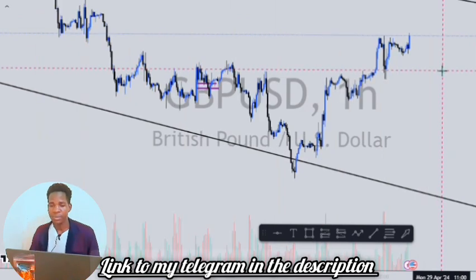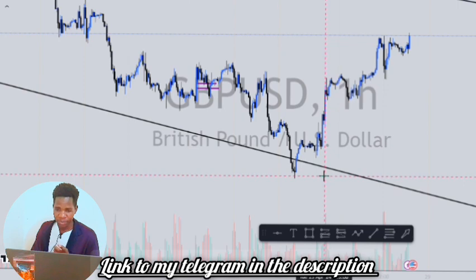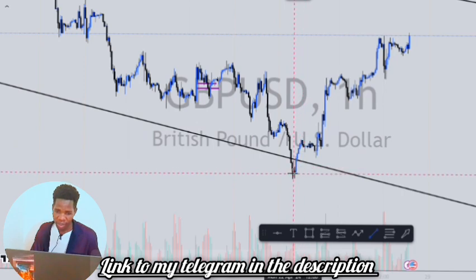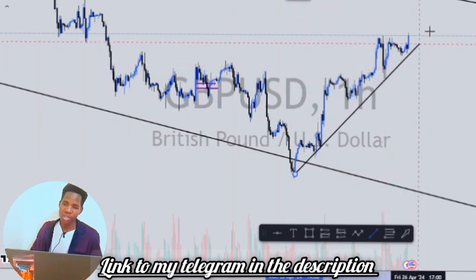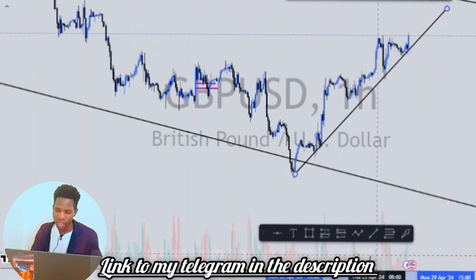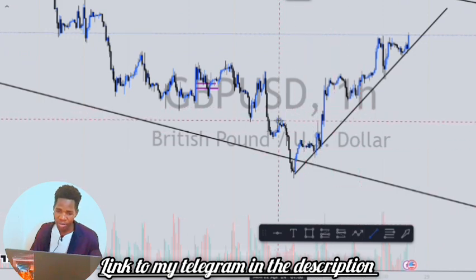Though on this same uptrend, we have another channel here that's a correction move. So this is just a correction, so that it comes back to its downtrend movement.